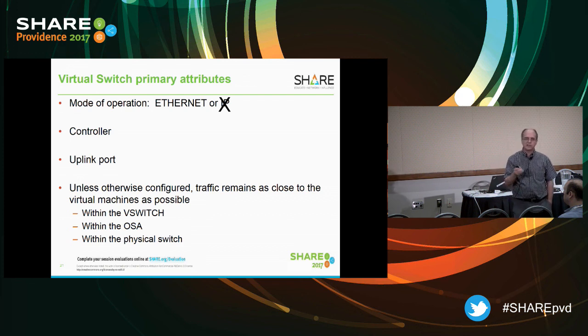So I don't actually hit the physical wire. Still haven't hit the cable yet. But if none of those are true, then OSA will actually transmit the data down the wire. And now it's up to the switch. However the switch is configured to operate, it decides what happens next.